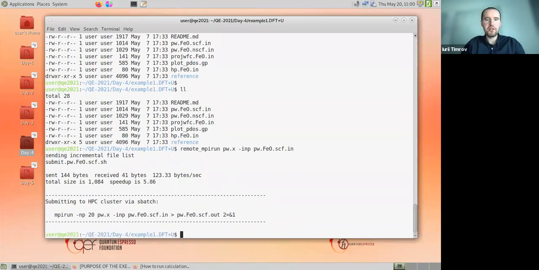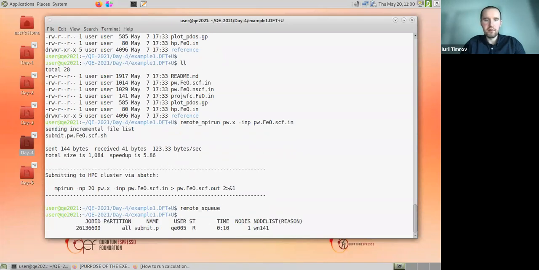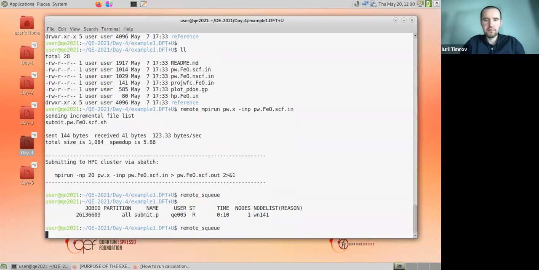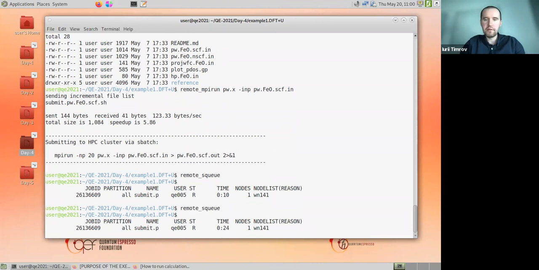Okay, so the job was successfully submitted. Now let's see what's happening. We type remote_SQ, press enter. Okay, so the job is running already 10 seconds. It should be a very fast calculation. This is a standard DFT calculation. Still running.